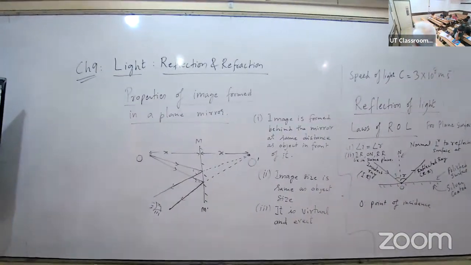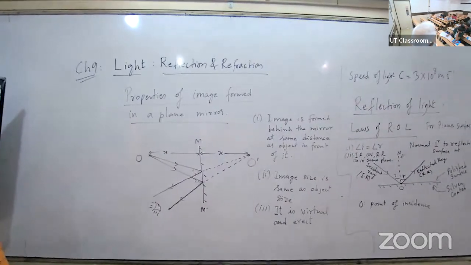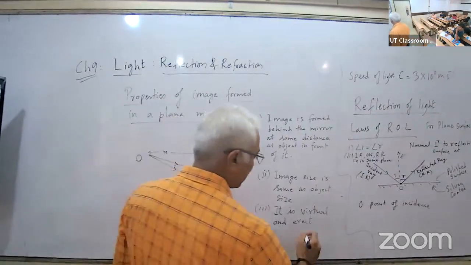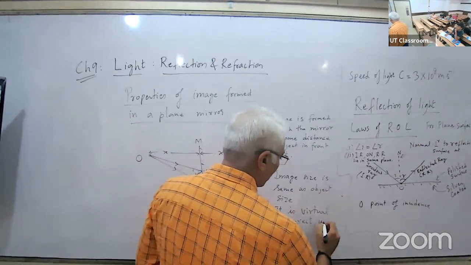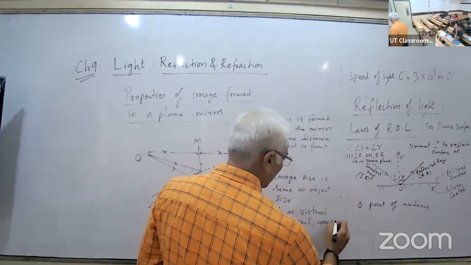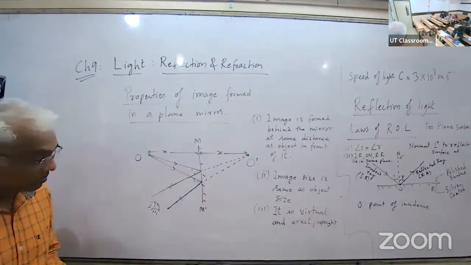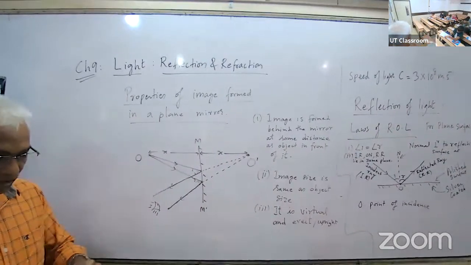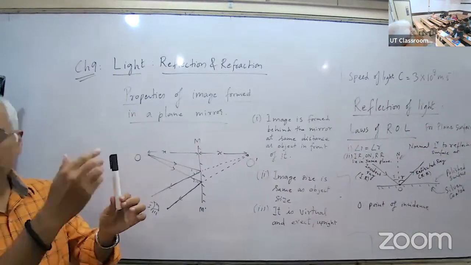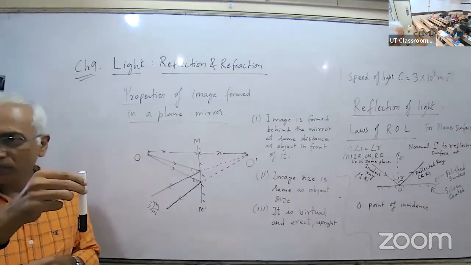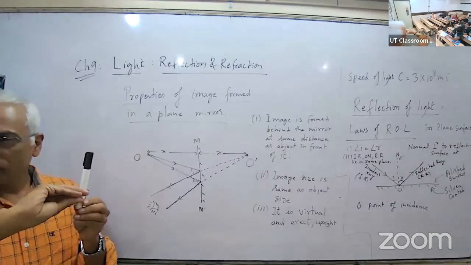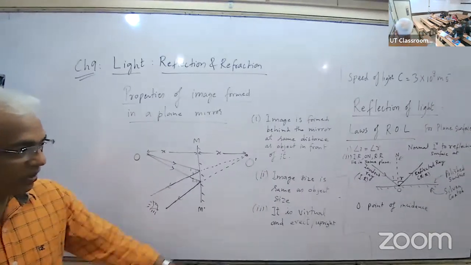What is a virtual image? Direct means upright. Direct or upright. Means if the object is like this, image also will be same. Image won't be inverted. It is upright only. Okay, or erect. What is the meaning of virtual?